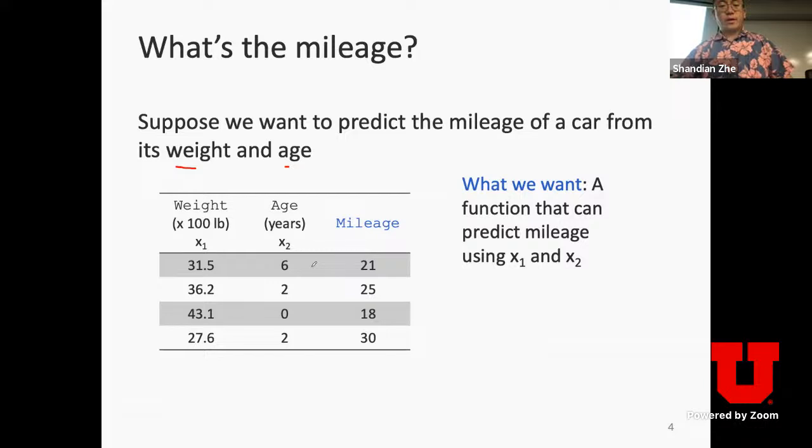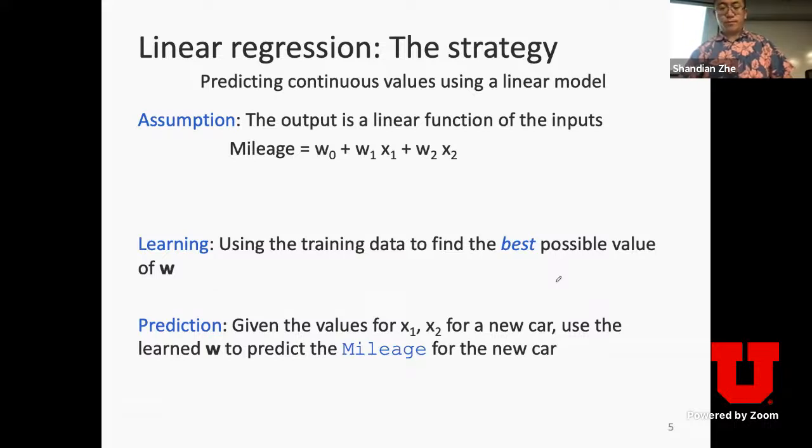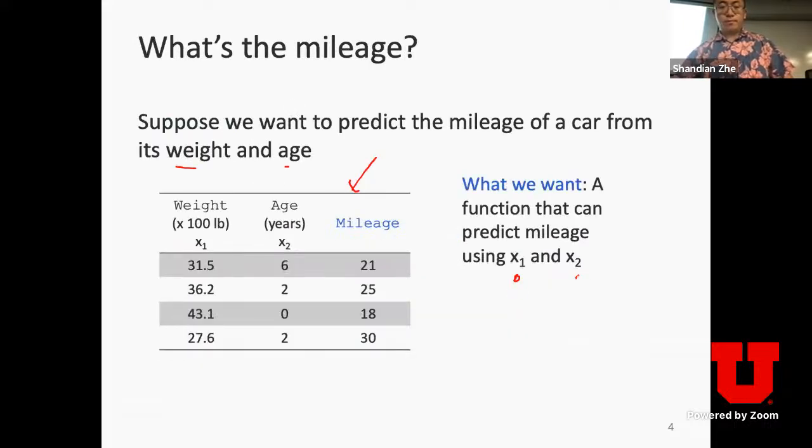Right? So from this piece of training data, what we want is a function that can predict the mileage using the new feature values of x1, x2. Okay. Is that clear to everybody about this problem formulation?